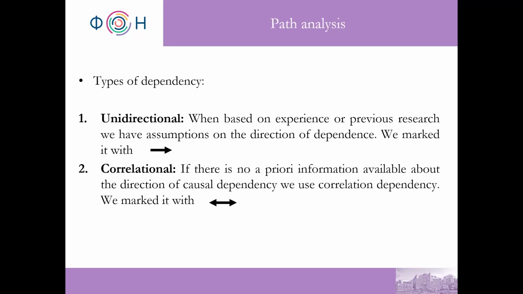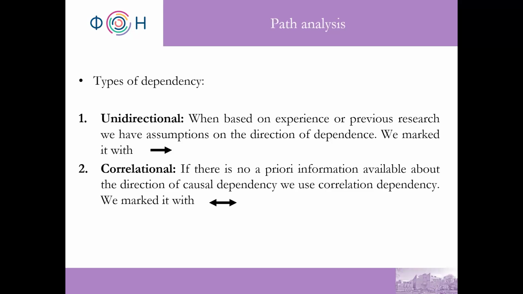When it comes to drawing your model, there is also one more thing to have in mind. That is the type of dependency between your variables. So the dependency can be unidirectional.